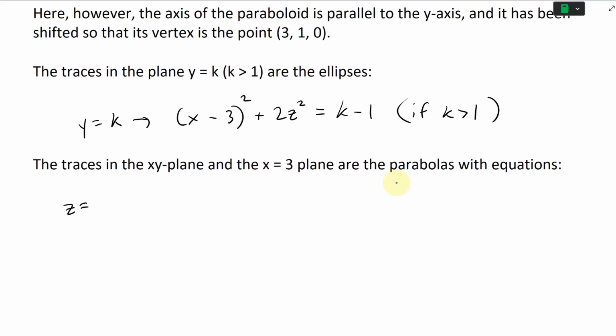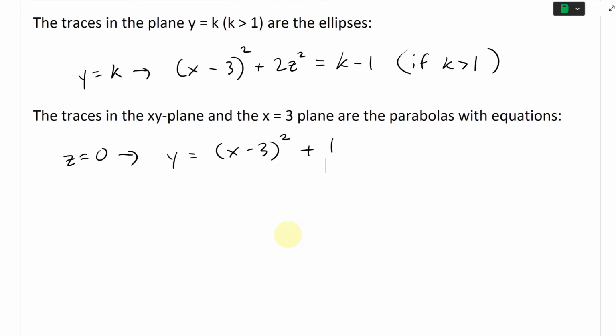This part vanishes, and we move the 1 over to the other side. So what we'll get is y equals x minus 3 squared plus 1. And this is a parabola. It's shifted up on the y-axis by 1, and it's also going to be opening in the positive direction on the y-axis.